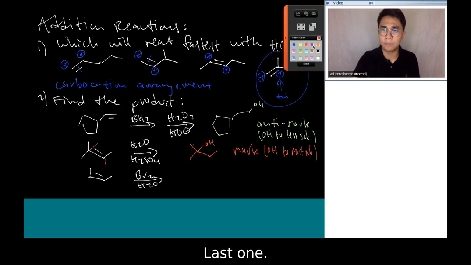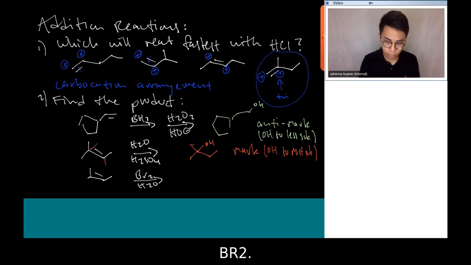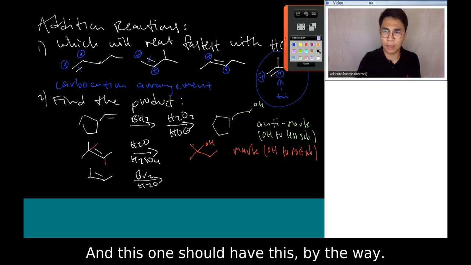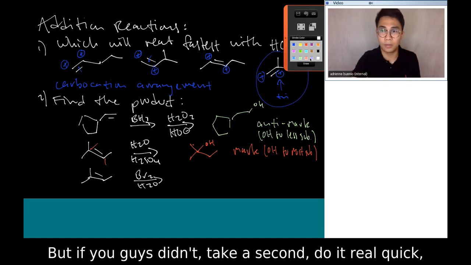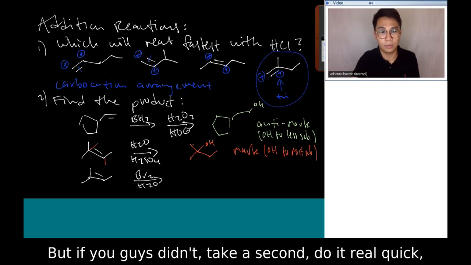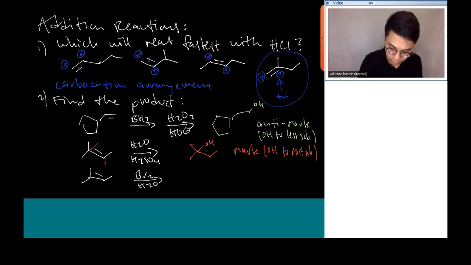And let's see. Last one, Br2, what are we getting? What's getting added? Oh, and this one should have this, by the way. I don't know if you got that, but if you guys didn't, take a second, do it real quick, and here is your answer, right?